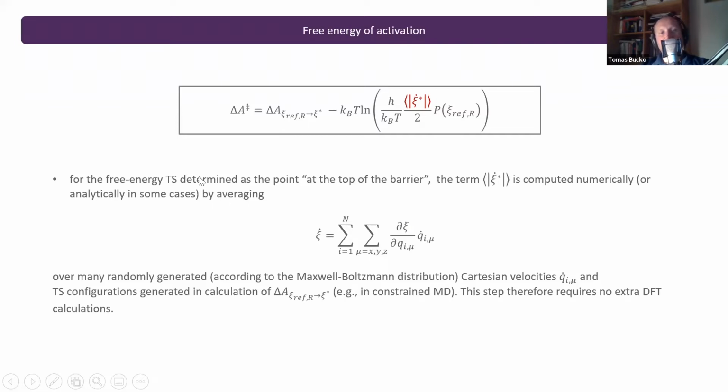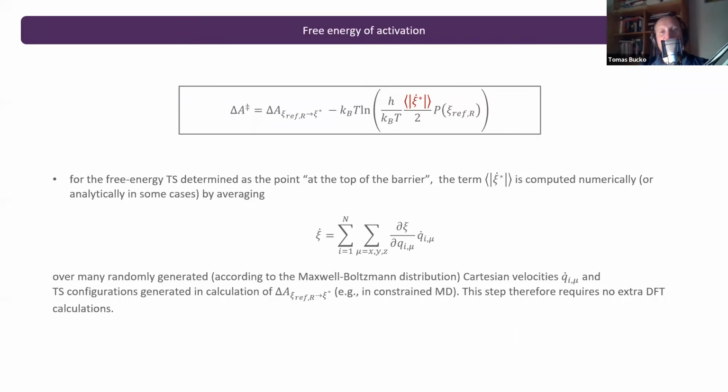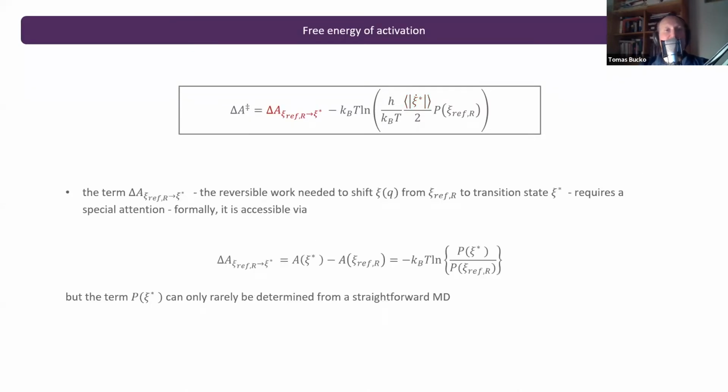So for the ensemble of transition states, you generate this, and you generate Cartesian velocities. You draw them at random from the Maxwell-Boltzmann distribution. You compute psi dot, and you average over many structures and many randomly generated velocities. So computationally, this is very easy. This is not a heavy calculation.